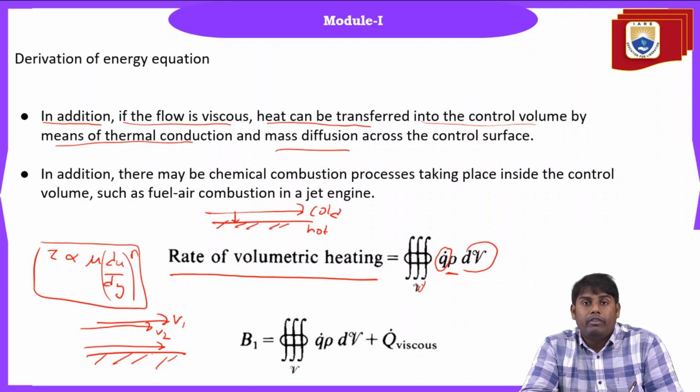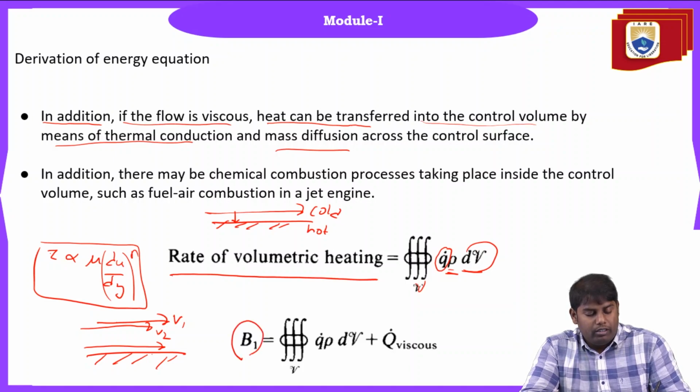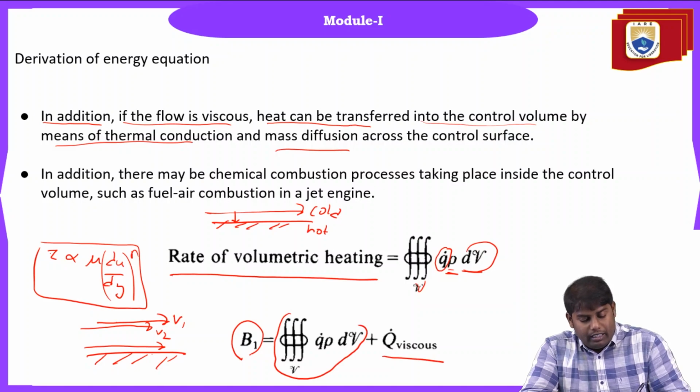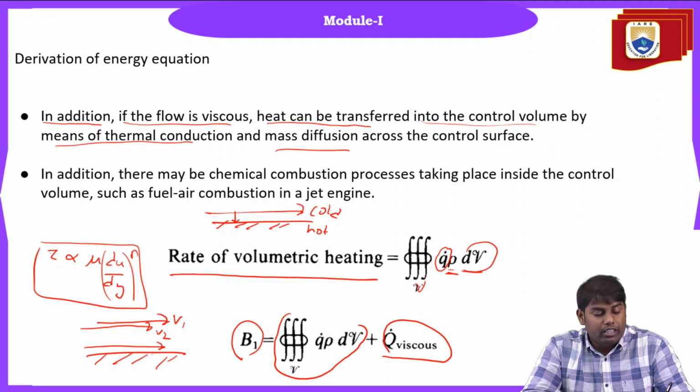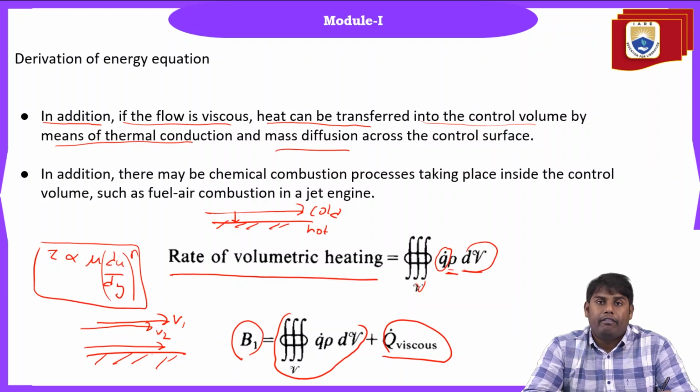The other term, Q dot viscous, is the heat coming through viscous heating. So this is B1.